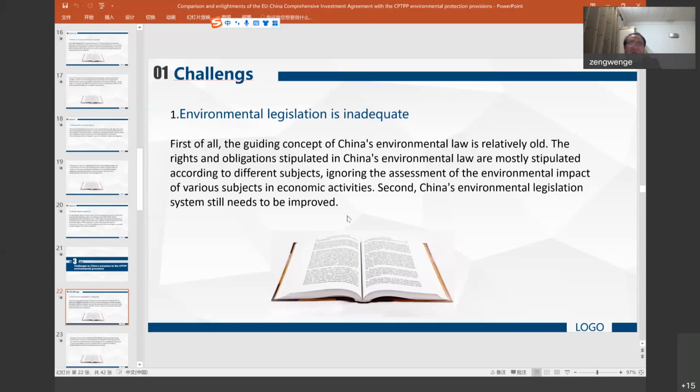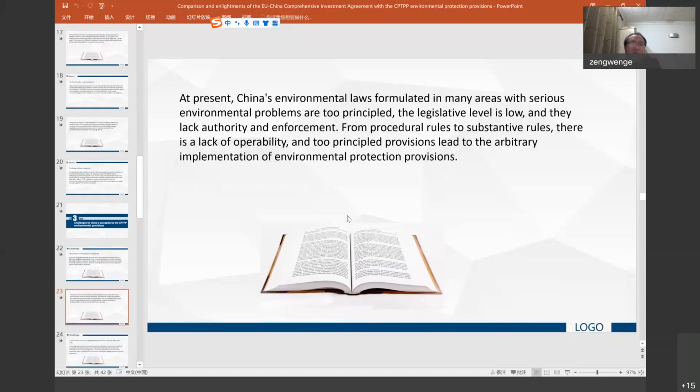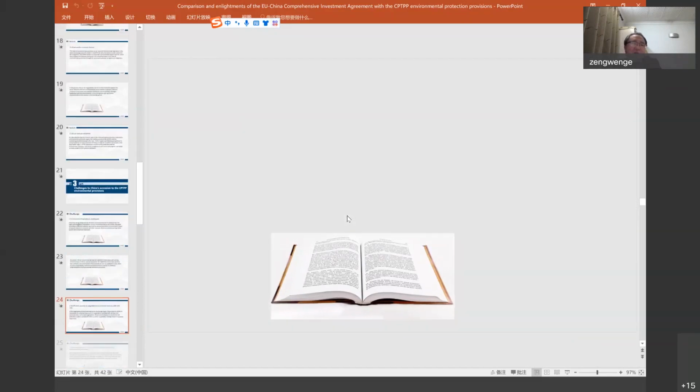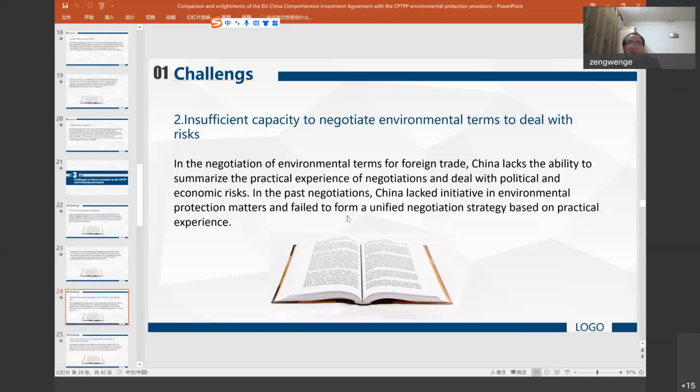Our environmental legislation still needs to be improved. This is the first difficulty. At present, China's environmental laws formulate many areas of environmental problems as principles, not exactly, not very detailed. The second is the insufficient capacity of negotiation on environment terms and risk.